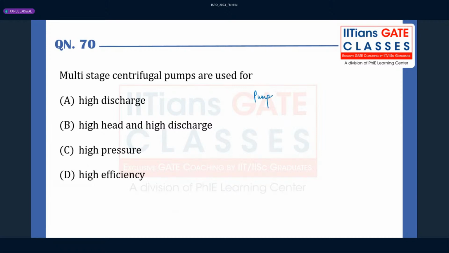When we employ pumps in series combination, we are increasing the head. If head is increased, automatically pressure will be increased.